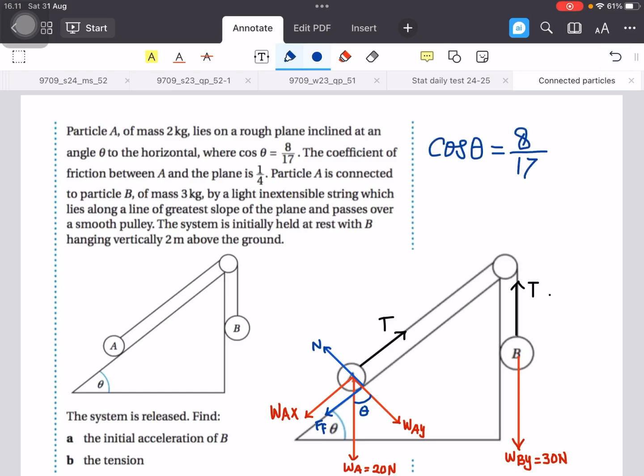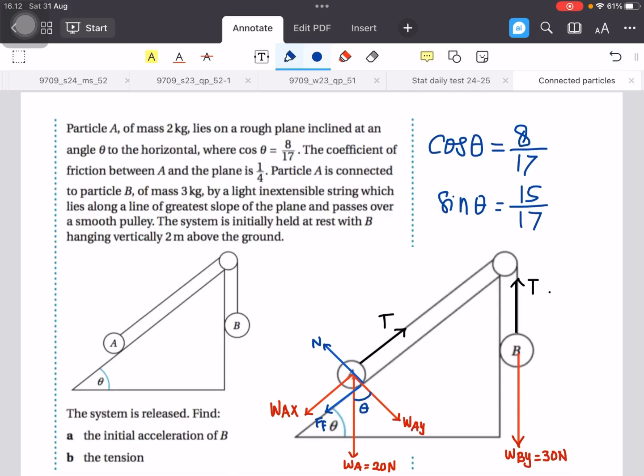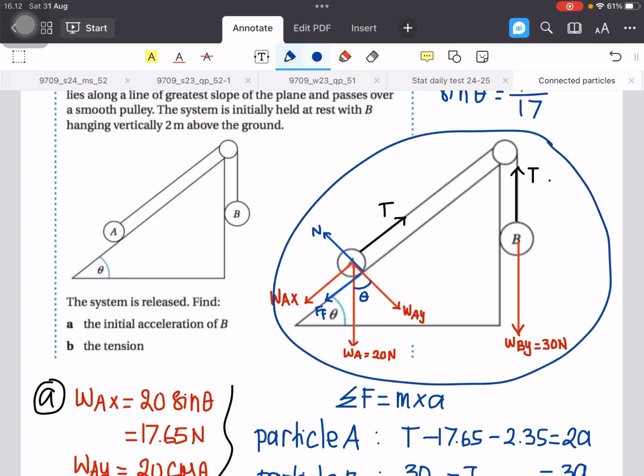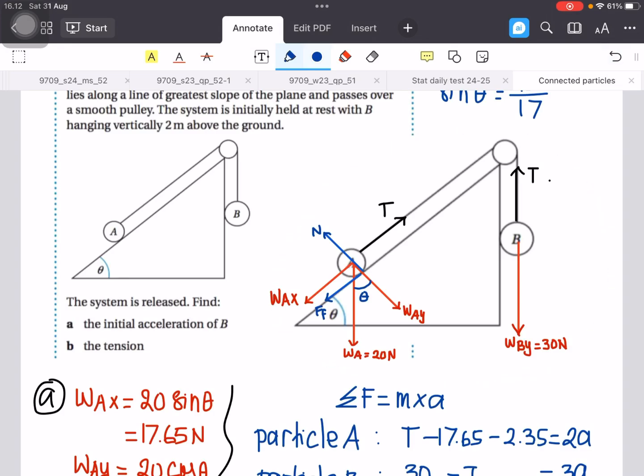So since in the question the value of cos theta is 8/17, we can conclude that sin theta is equal to 15/17. And then this is the complete free body diagram of particle A and particle B. For particle A, the weight of A is 2 times 10, 20 Newton.